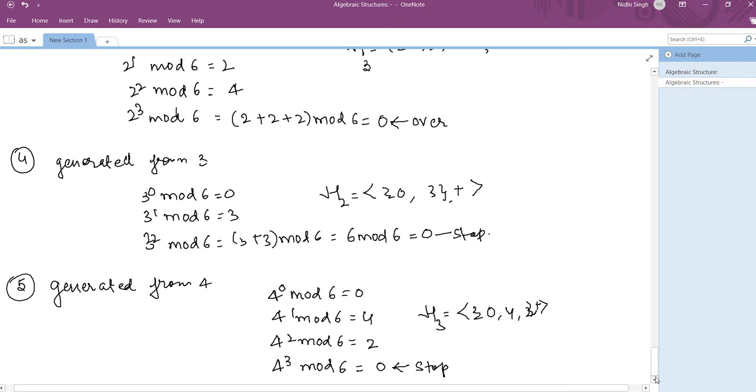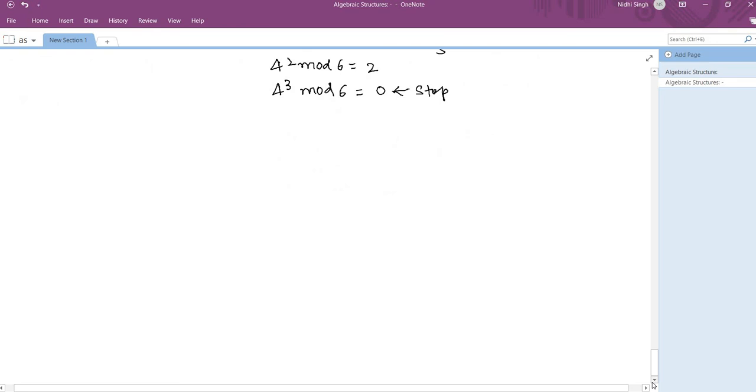Now the last one. The last one is the cyclic subgroup generated from the fifth element, 5.